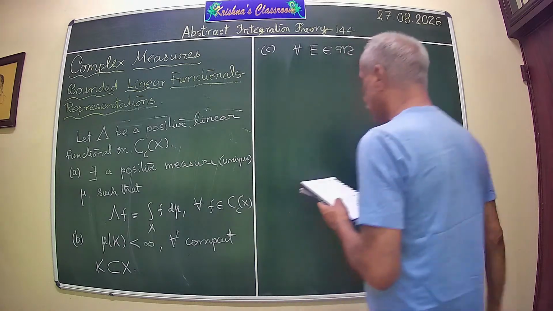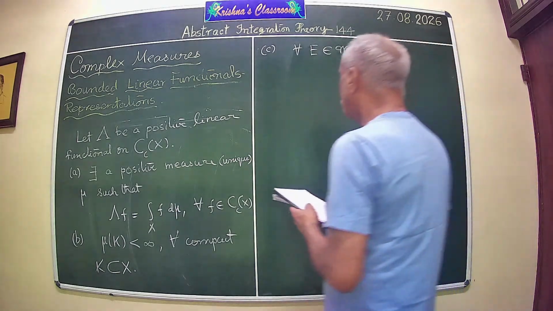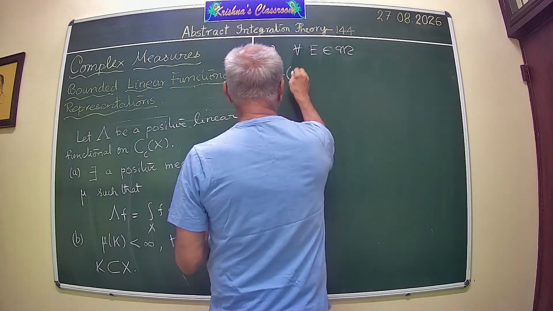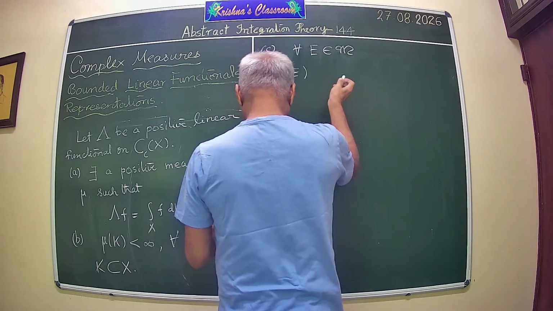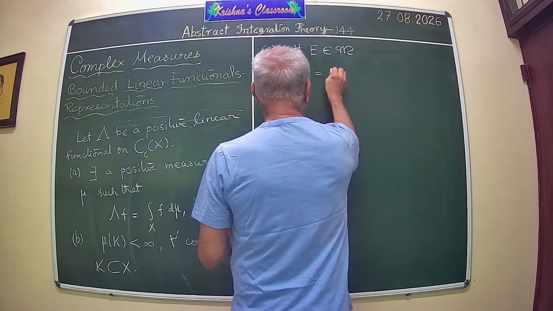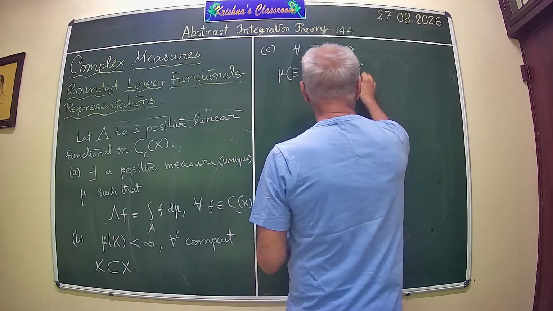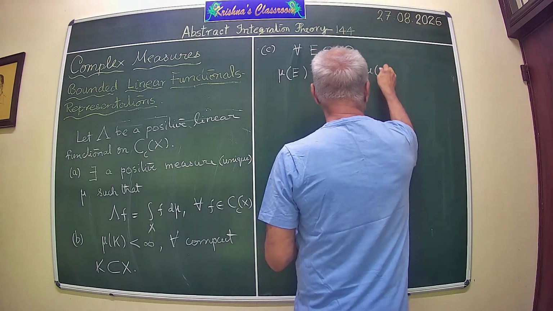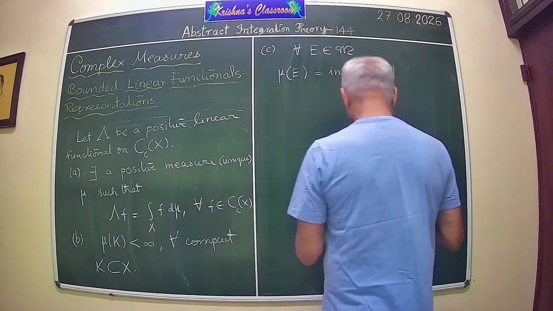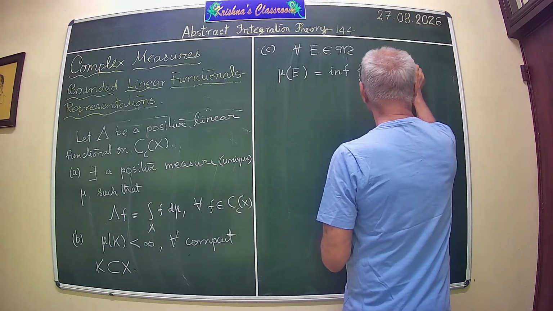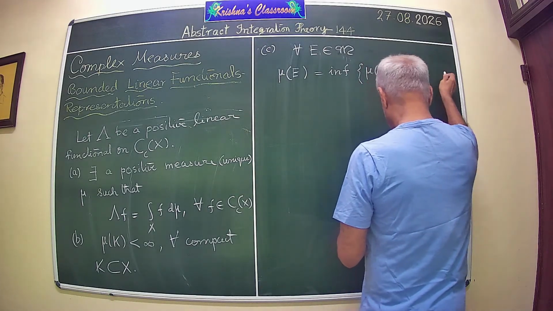C, on the sigma algebra M, mu of E equals the infimum of mu of V, where E is contained in V, V open.